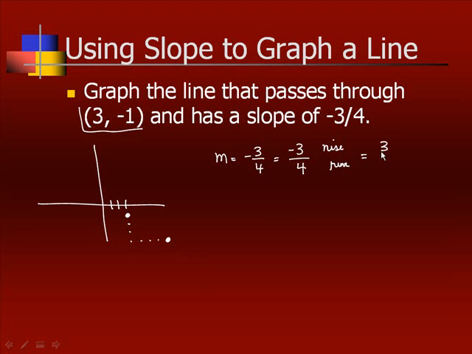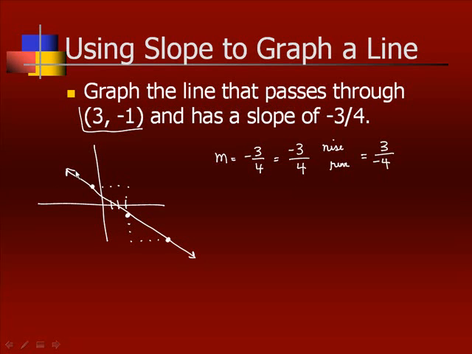Now, something that's neat about this is you could also call -3/4 3 over -4, which means from this point you go up 3, back 4, and that's another point on the line. And that just sort of helps to set that line out. So that's what the graph of the line would look like.